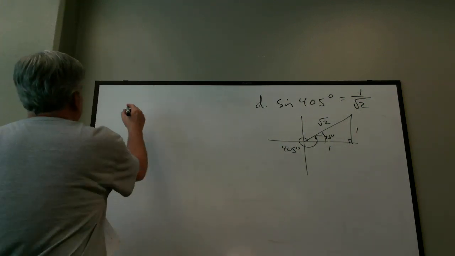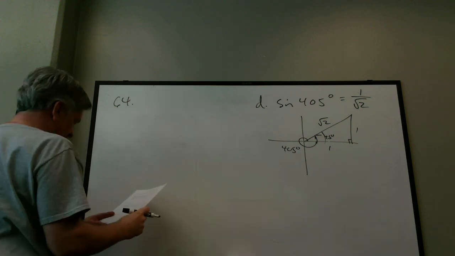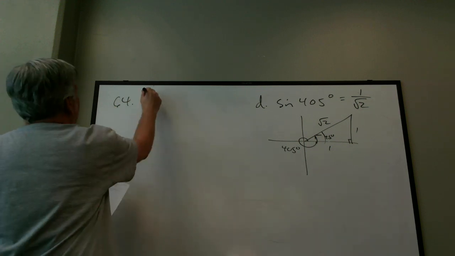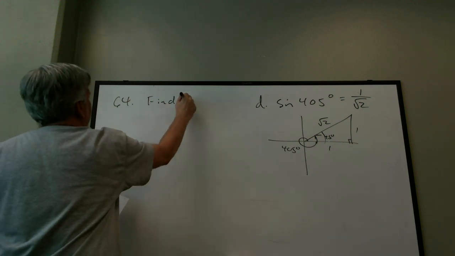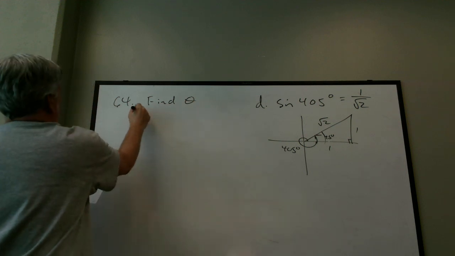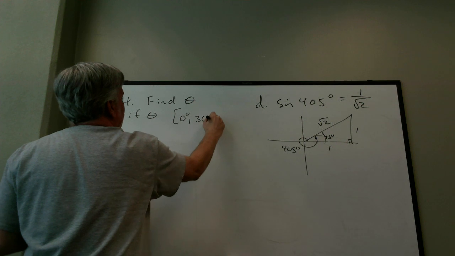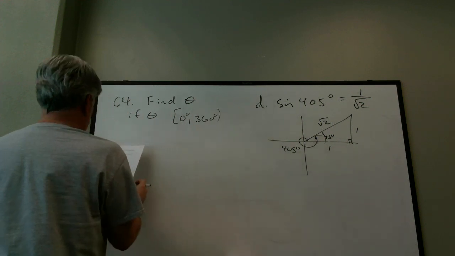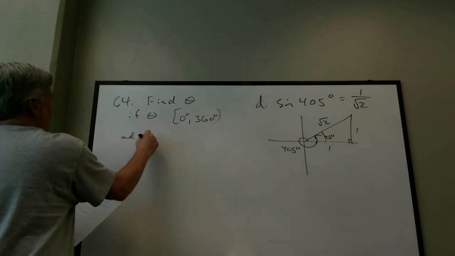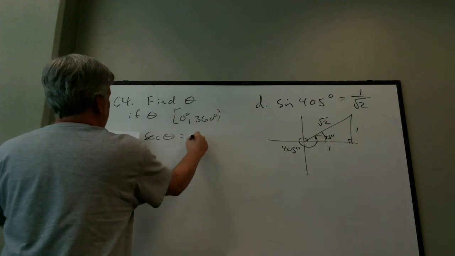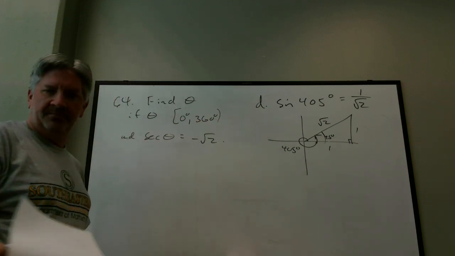Okay, the very last problem, example here, it says find all values of theta if theta's in the interval 0 degrees to 360 degrees, so just in one revolution, and secant theta is minus root 2.